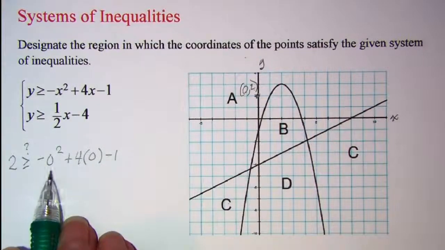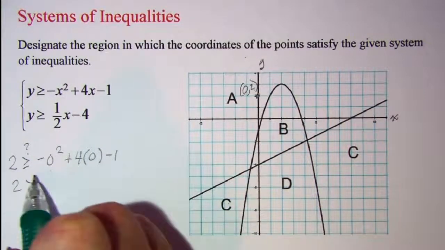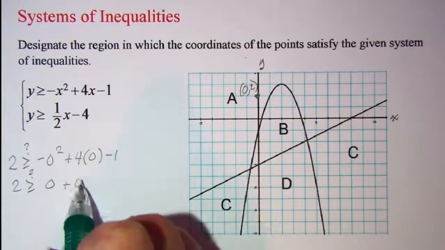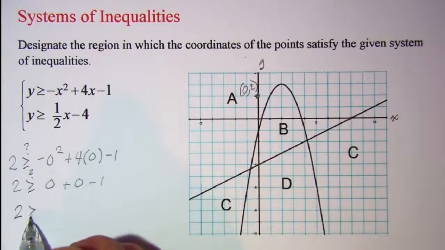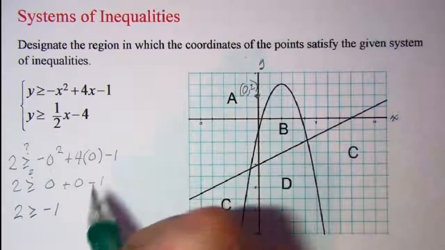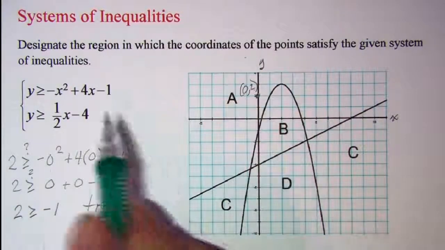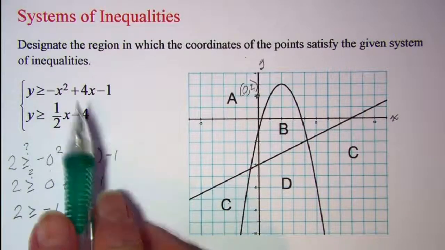Well, this is 0, so we're checking to see if 2 is greater than or equal to 0 plus 0 minus 1. So 2 is greater than negative 1. So that one is true. But we still need to check the other inequality to see if that one is true as well.